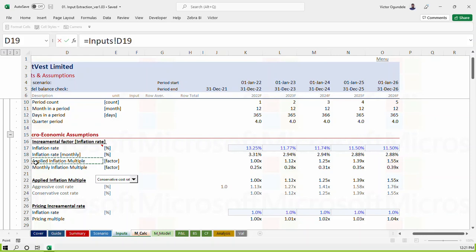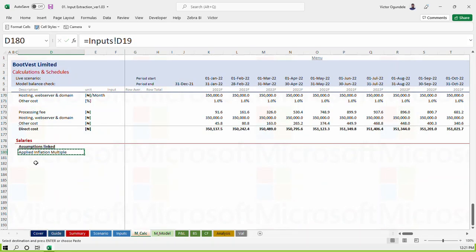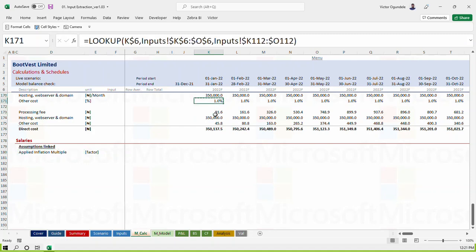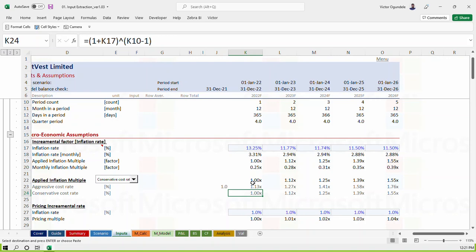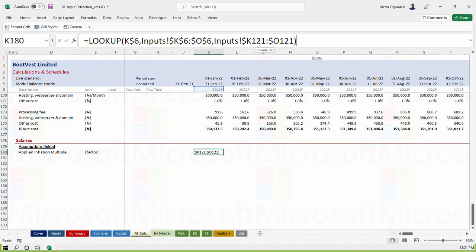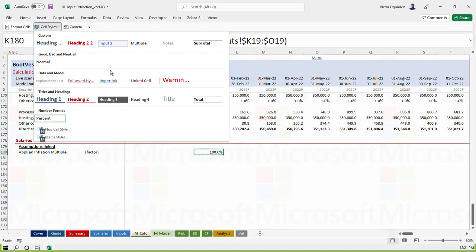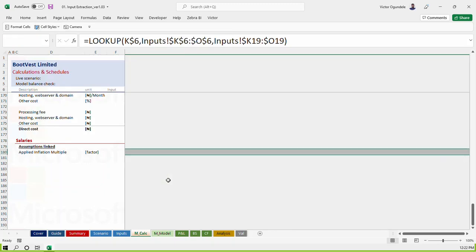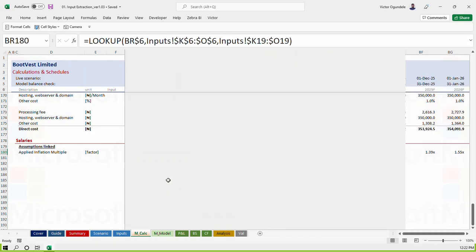So this is our applied inflation rate. And bring that, so let me copy our formula here. We're saying that will be row 19. So change this to 19 and put this in our multiple. And we have that.